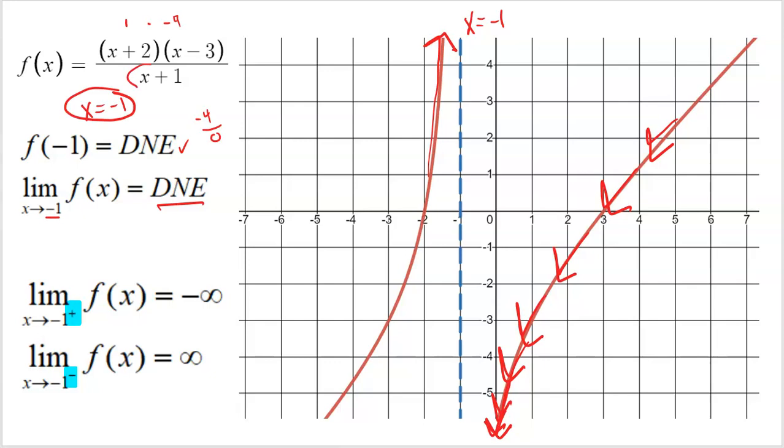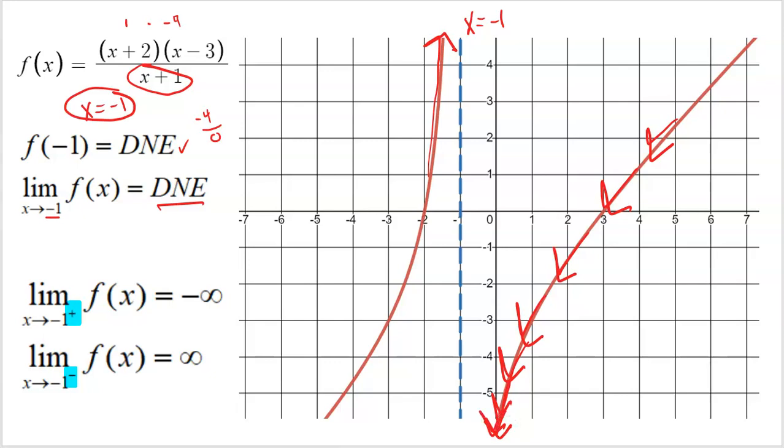Because if I plug a number super close to negative 1 in from the right, the denominator is going to be super close to 0, but not equal to 0. And when you divide by a number really close to 0, you become super, super big, either in the positive direction or the negative direction. So it turns out from the right-hand side, we're going super big in the negative direction.